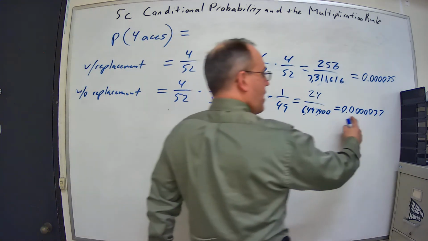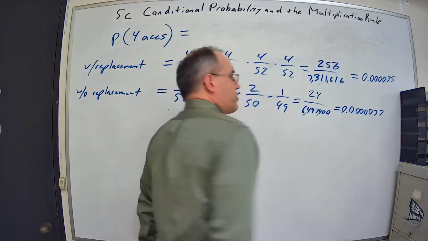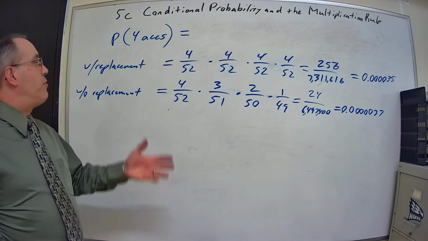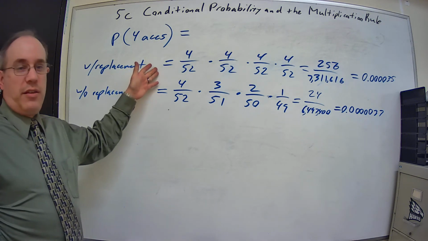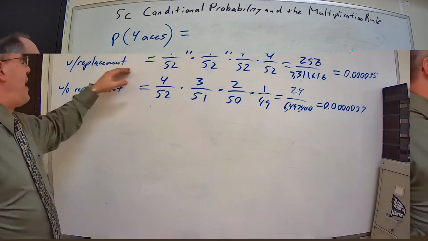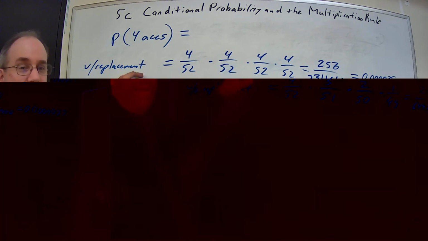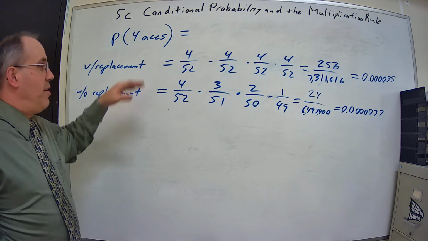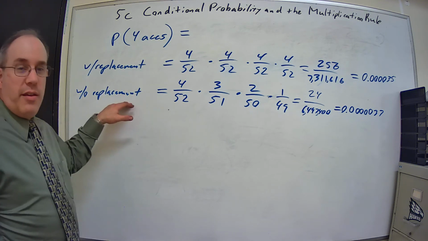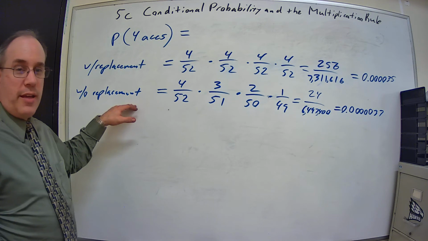Notice there's 5 zeros here, there were 4 zeros there. So basically, I'm about 10 times more likely to pull 4 aces in a row if I have the ability to put the ace back in the deck each time than I am to pull out 4 aces in a row if I'm not able to put it back in.